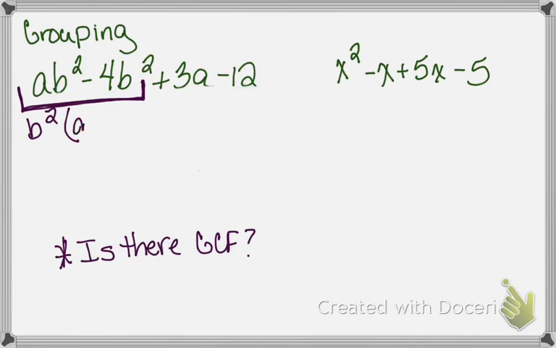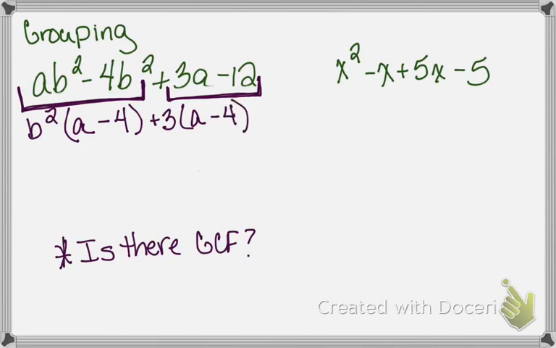A. Then B squared times what gives me negative 4B squared? Minus 4. Now I'm going to look at these two terms right here. What comes out of both of those? 3 times what gives me 3A? 3 times what gives me negative 12?